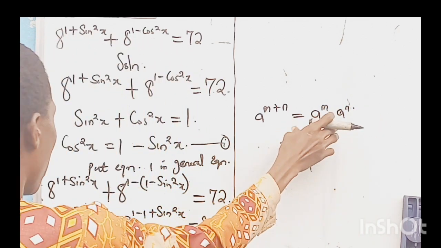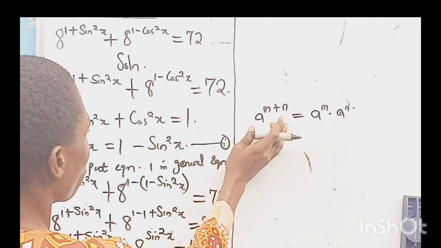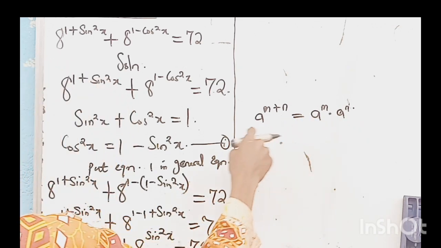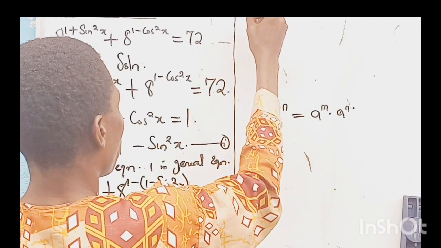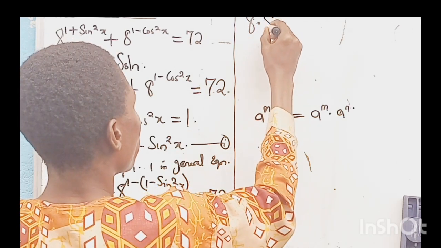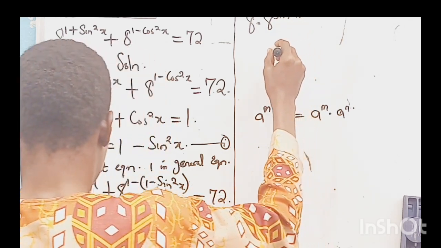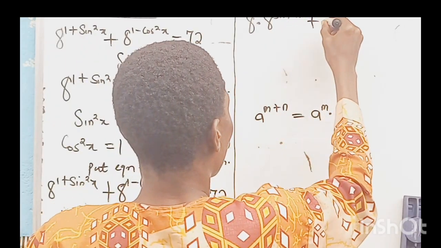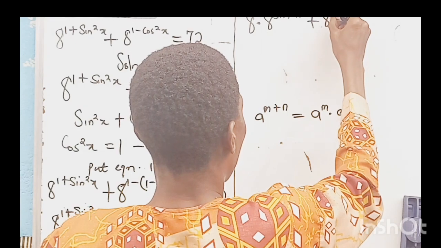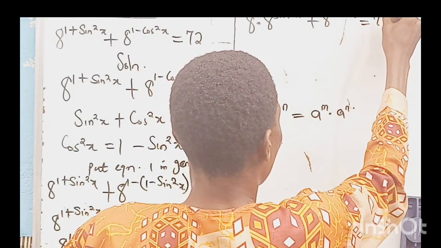So let's apply that rule for 8 raised to the power of 1 plus sine square x. So if we apply that rule, that is, we are bringing it from this form to this form. So it will be 8 multiplying 8 raised to the power of sine square x plus 8 raised to the power of sine square x equals 72.